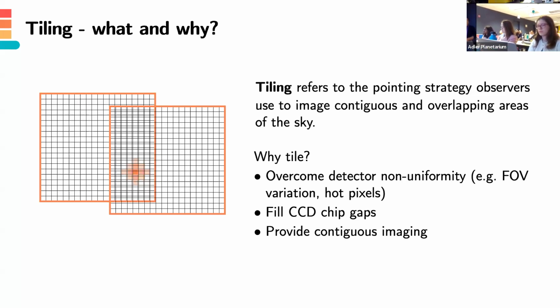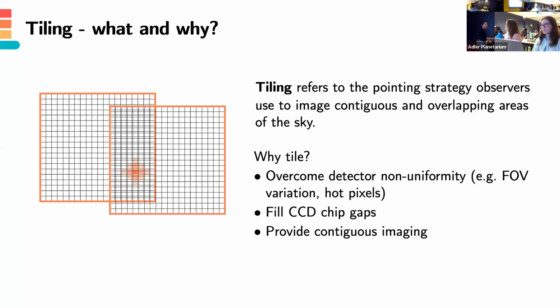First is to overcome detector non-uniformity. So we talked a bit at the front about variations across the field of view in the detector characteristics. Sometimes detectors can have hot pixels. Sometimes detectors can even have bad columns or rows where you don't see anything. So you don't want to come back to the same exact position because then your hot pixels and your kind of wonky pixels will be in the exact same place every time.